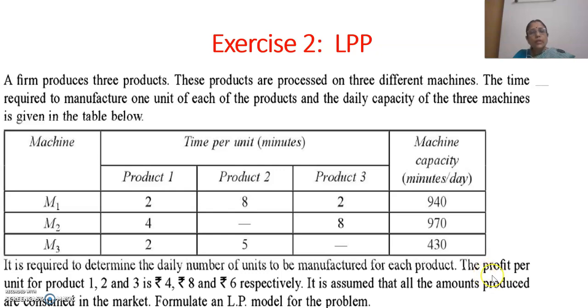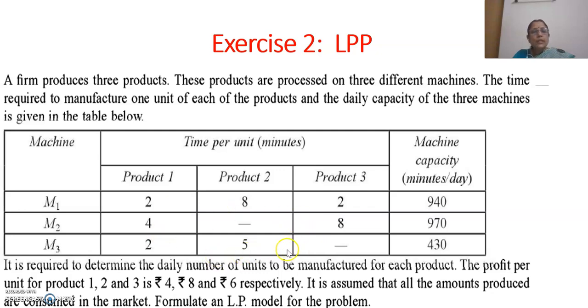Here the profit per unit of each of the products is given to us. Therefore, the number of units of product 1 to be manufactured per day will be x1, of product 2 would be x2, and of product 3 would be x3. So we have three decision variables in the problem.